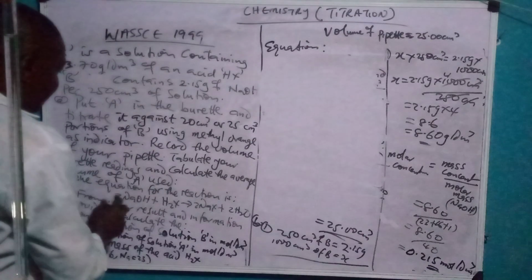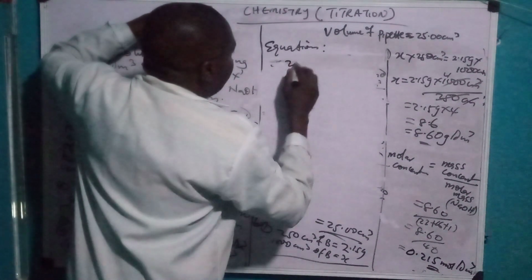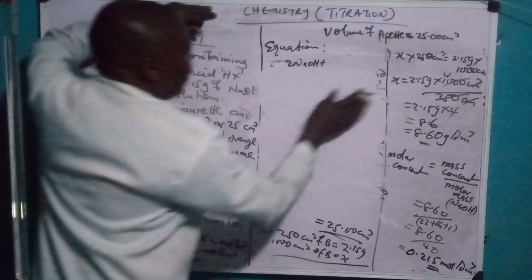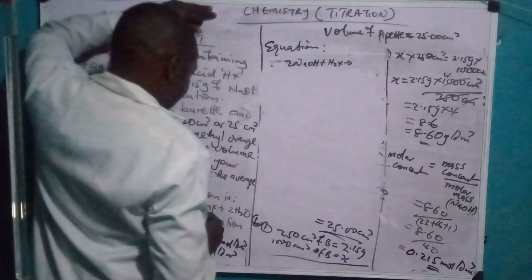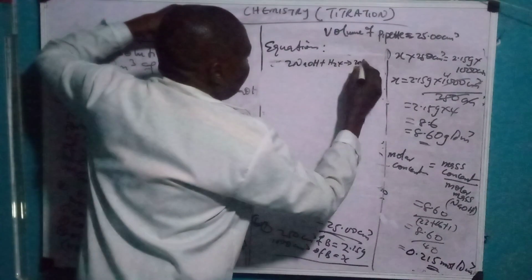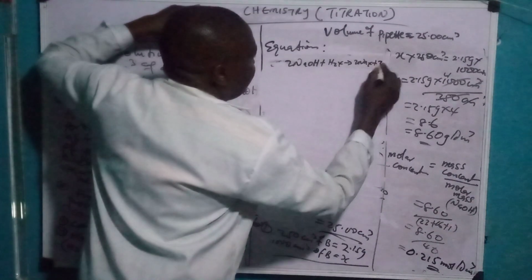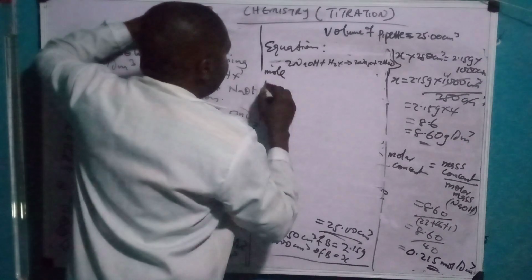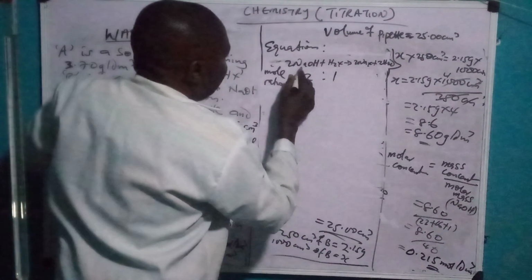They gave you the equation before: 2NaOH plus H2S to give you Na2S plus 2H2O. Mole ratio 2:1. That's base to acid.